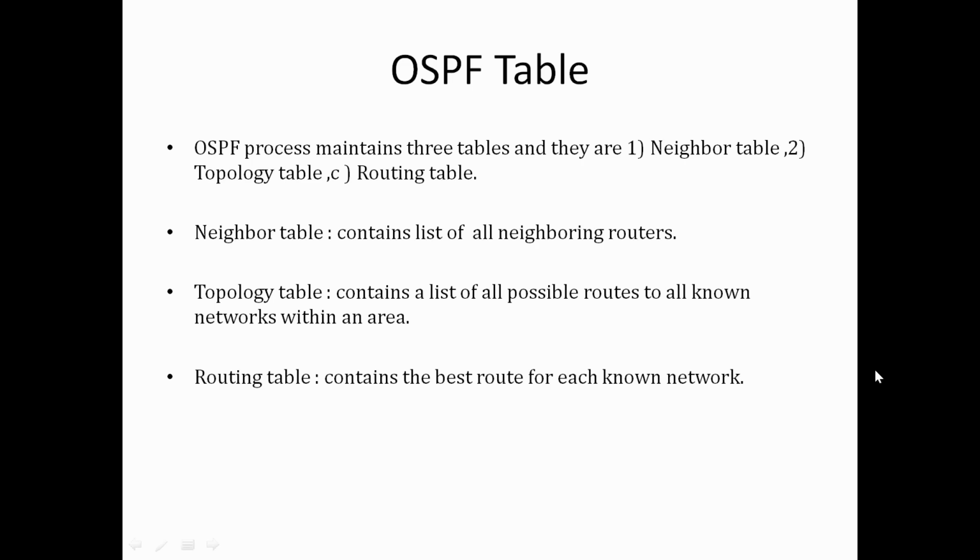The topology table contains all possible routes to all networks within the area. And the routing table contains the best route for each network. So these are the three important tables OSPF maintains throughout its process.